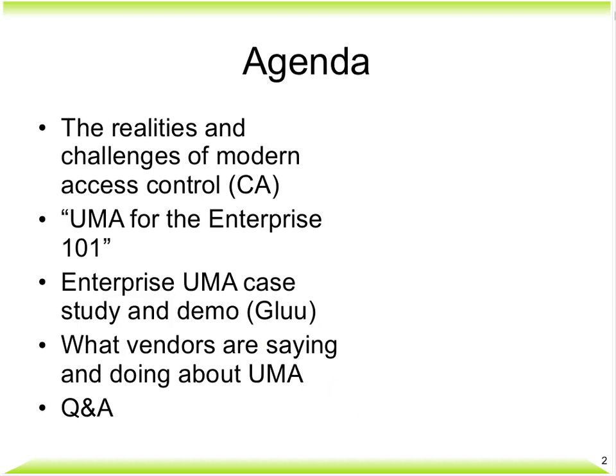So here's what we're going to be talking about today. We're going to start with the realities and challenges of modern access control, and I'm going to turn things over to co-speaker Scott Morrison on that topic. Then Thomas and I will review some basics about UMA as they apply to enterprise use cases. Then we'll hear from Mike Schwartz of GLUU with a case study and some demos.